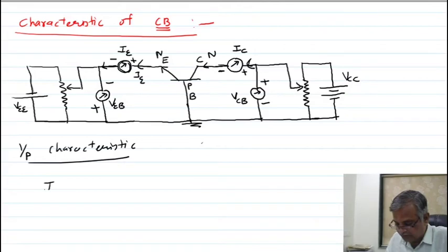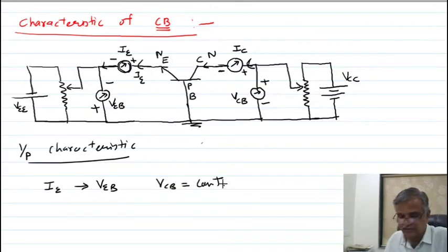The graph of the input current versus input voltage at a constant value of the collector base voltage is known as input characteristics. The graph of the input current IE versus input voltage VEB at a constant value of the output voltage VCB is called input characteristics.